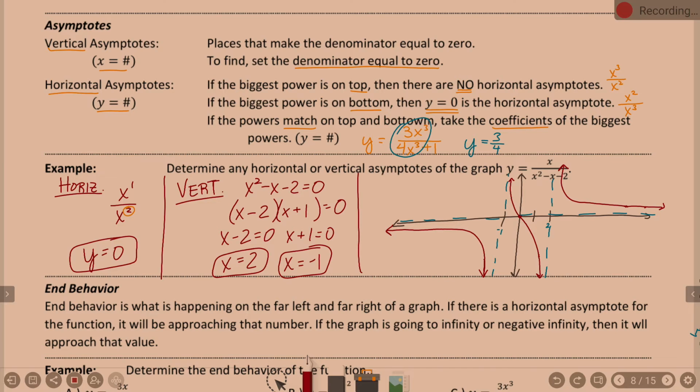Have you graphed it and looked at it? Yeah. Hold on. Nope.